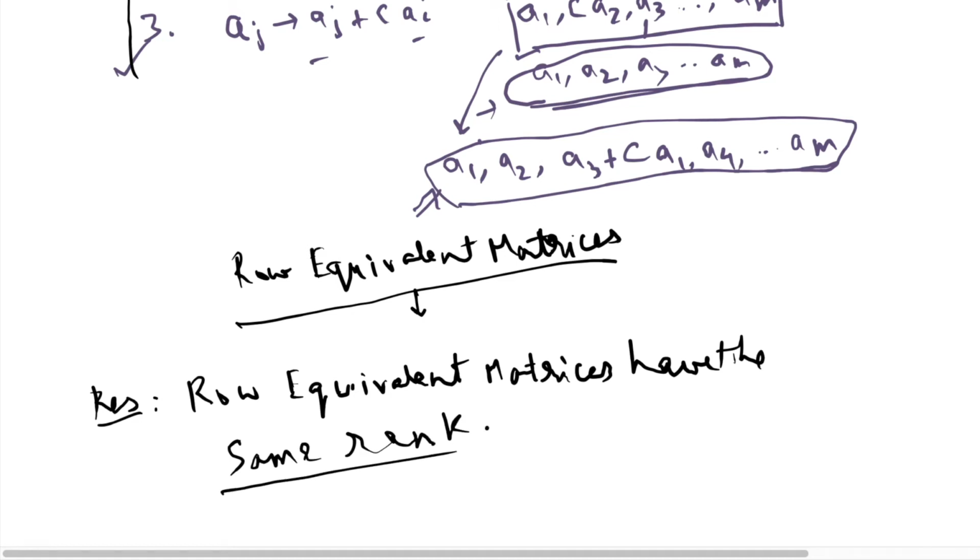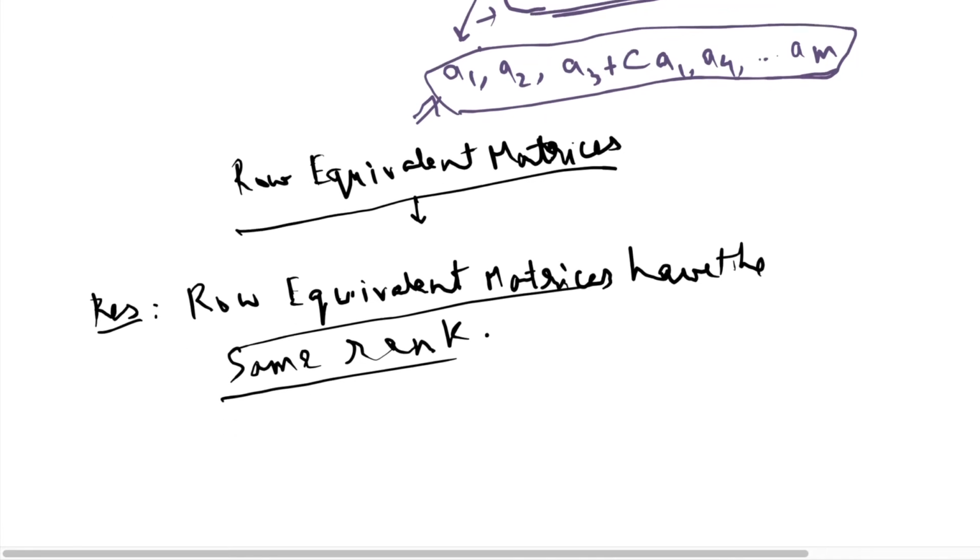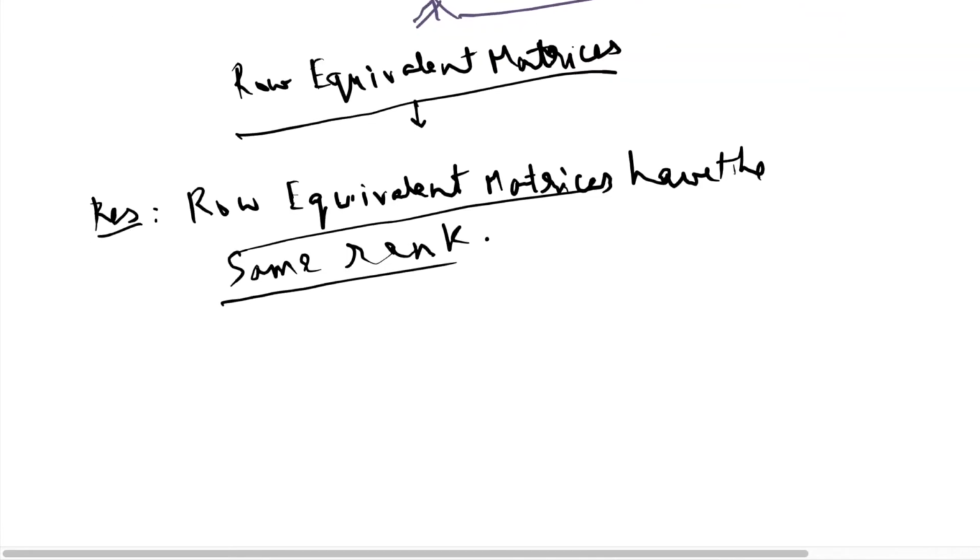All right. And this is really cool because now, if you want to determine the rank of a matrix, all you can do is reduce that matrix to row echelon form using the technique of Gaussian elimination.